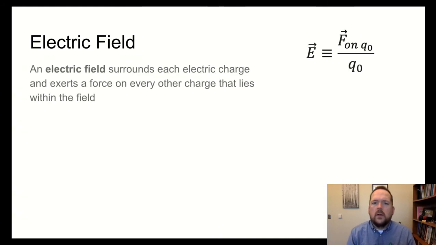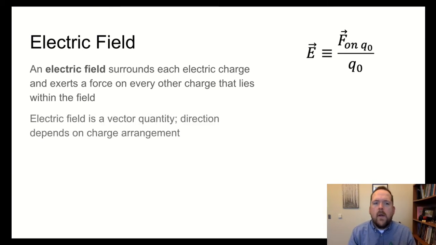So we define an electric field as the force that is exerted on a small test charge divided by the charge on that test charge itself. If you are unfamiliar with the notation here, I'm using the three parallel lines to mean "defined as." So it means equals, but it also means this is the definition of the thing.